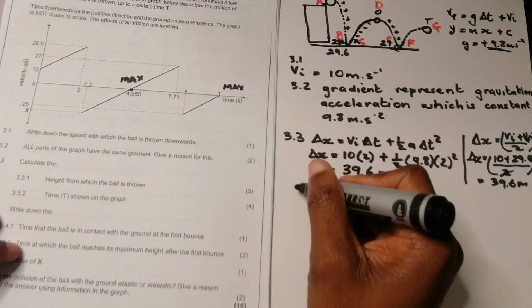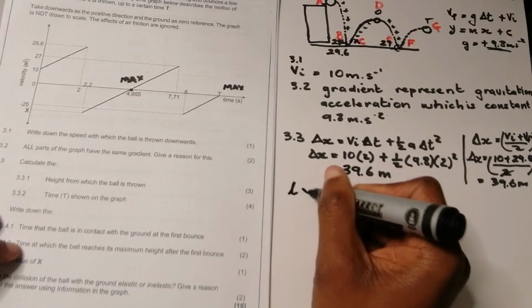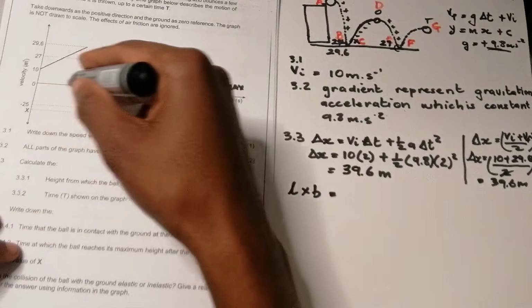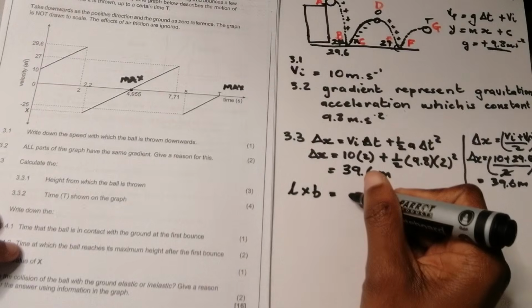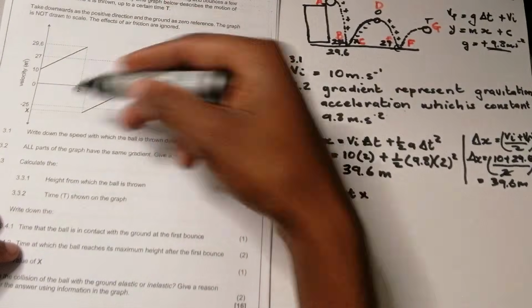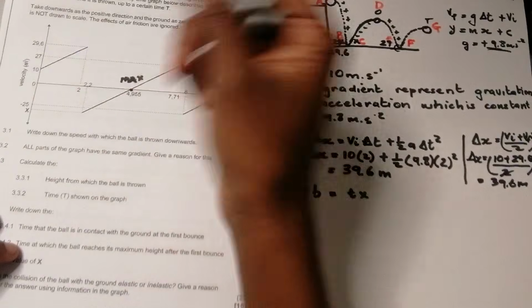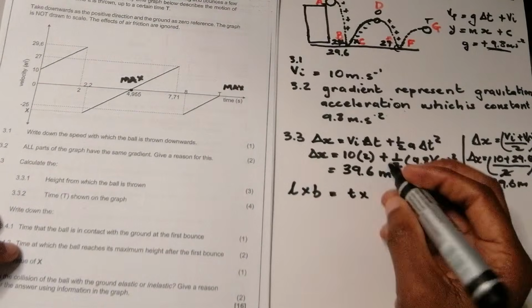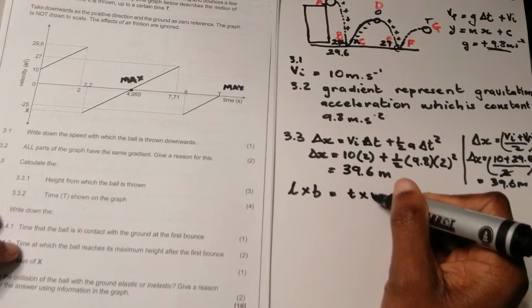If you say length times breadth, the length here represents time, and the breadth in this case would be your velocity.